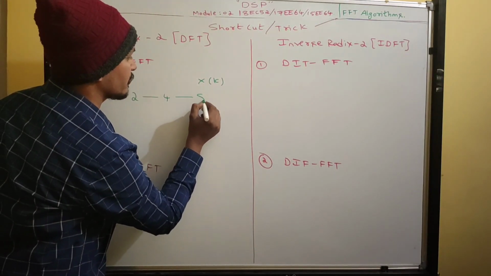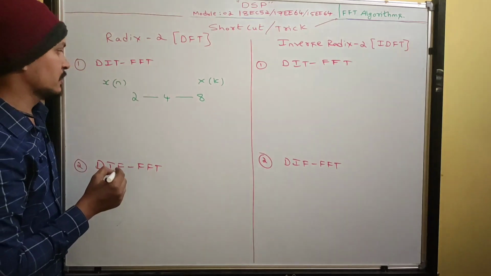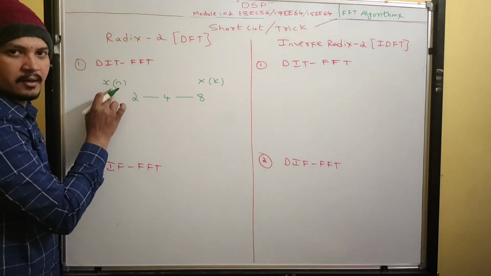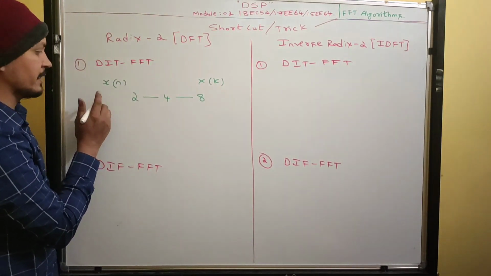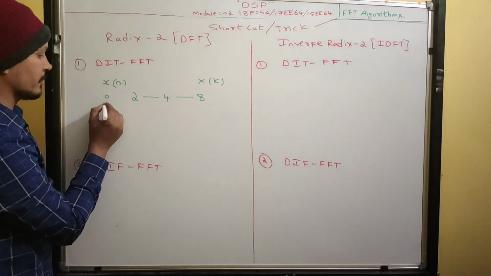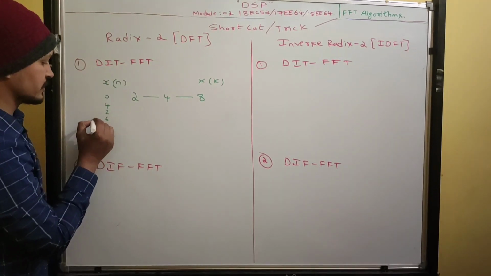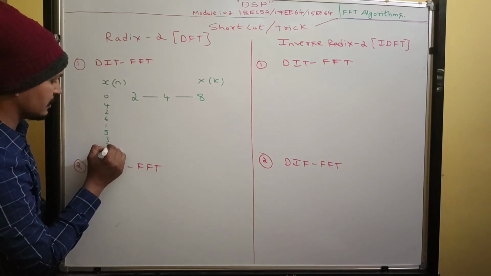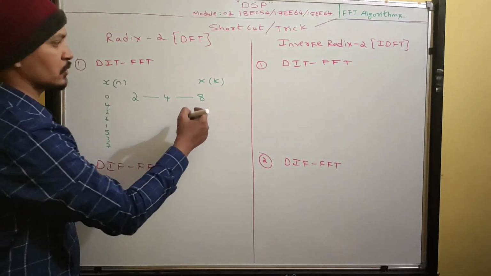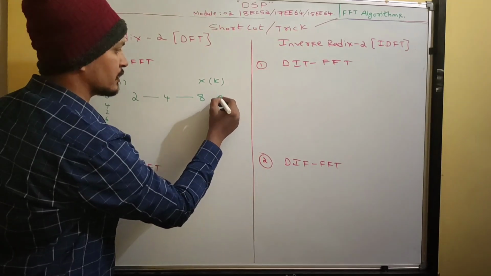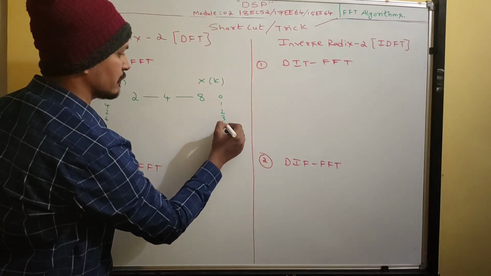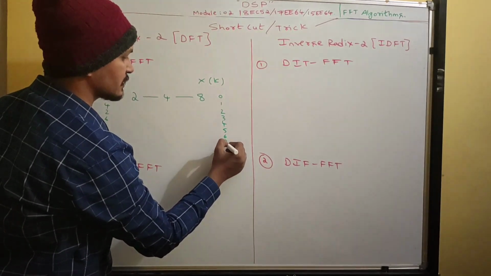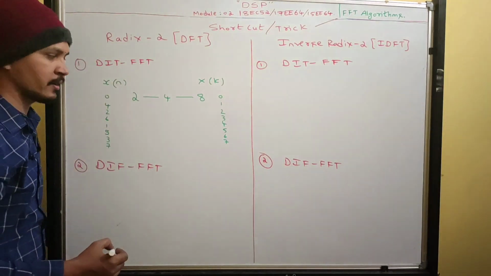After 4-point, you write the 8-point butterfly. What about x of n? Input is in decimated order: 0, 4, 2, 6, 1, 5, 3, 7. What is the output? It is in correct order: 0, 1, 2, 3, 4, 5, 6, 7.